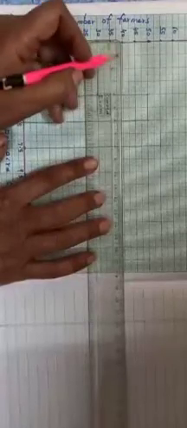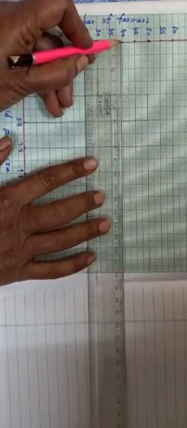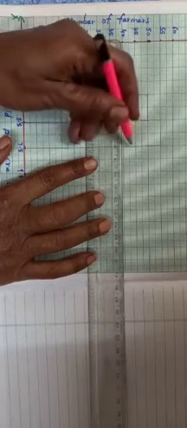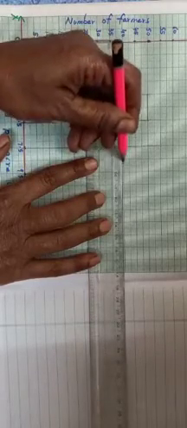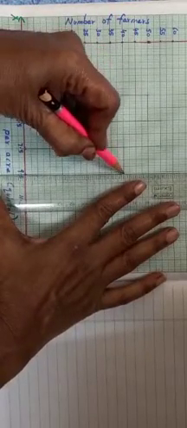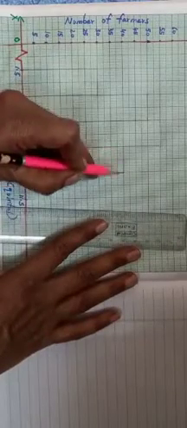Next is 7.5 to 9.5, 40. See here, what do I have to do? I have done it till 55. Now I want 40, so my frequency is 40. I am going to show it like this, and here I will show the height.